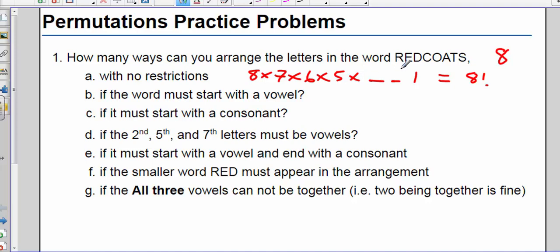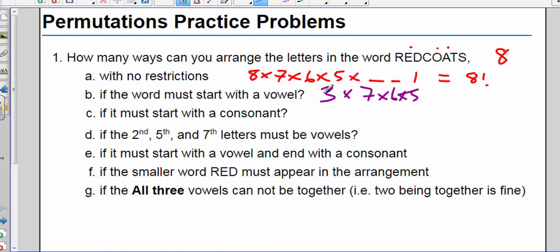If the word must start with a vowel, there are 1, 2, 3 vowels from which to choose. And so I have 3 possibilities for that first letter. Once that first letter has been chosen, all 7 of the other letters could be the second possibility, and then of course the 6th, the 5th, and so on.